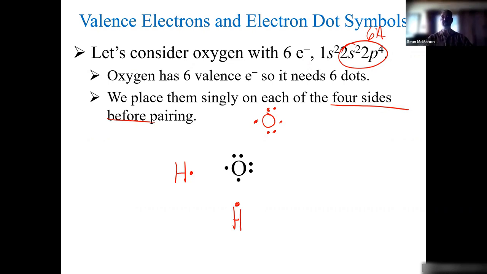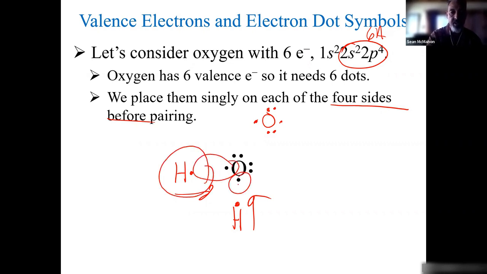But hydrogen wants to be like helium, which has 2 electrons. It has 2 valence electrons. So as the hydrogens approach the oxygen, they're willing to share these electrons, because really these electrons are orbitals, right? And when they approach, these orbitals, which are regions in space, begin to overlap.